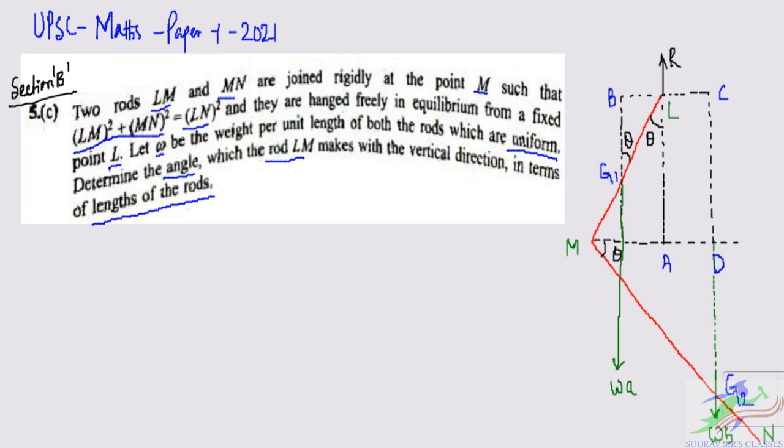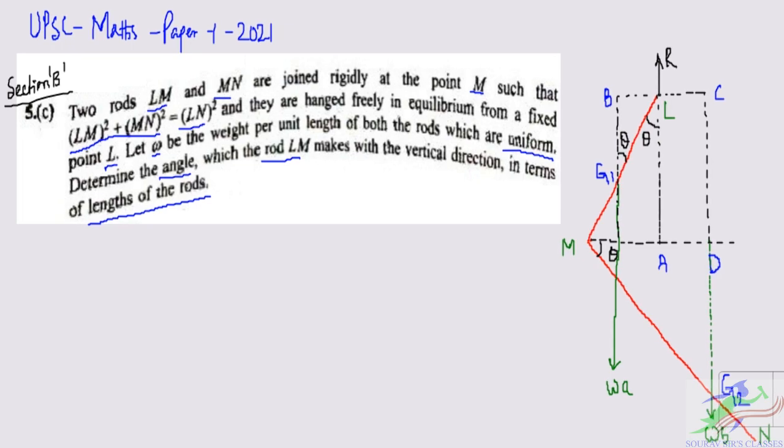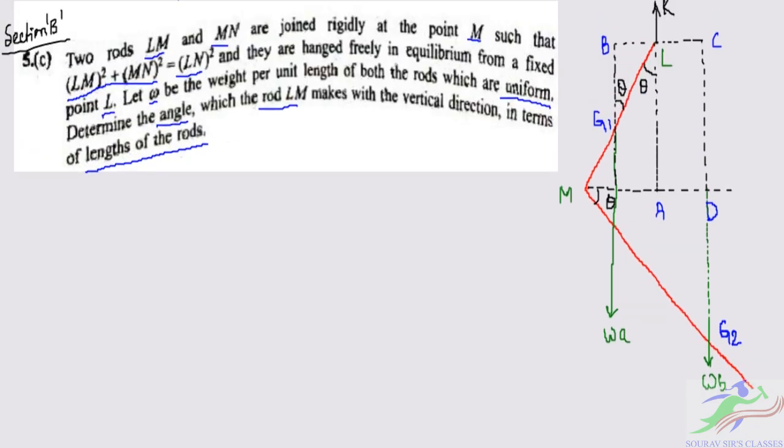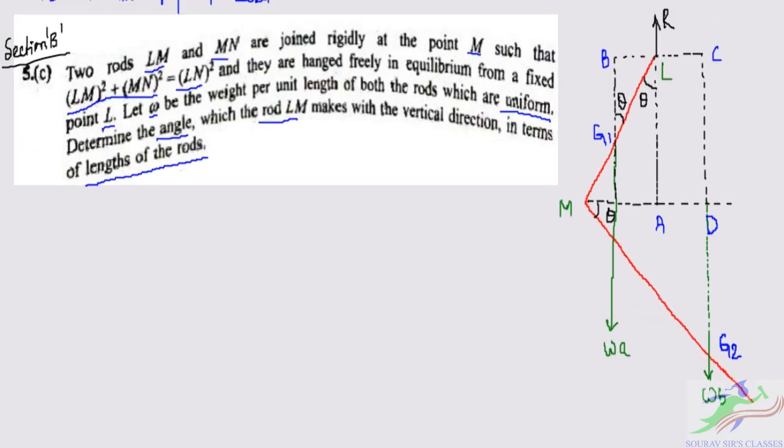The picture you can see on the right hand part is for illustrative purposes. Here you can see LM, the red stick, and MN. These are the two uniform rods.